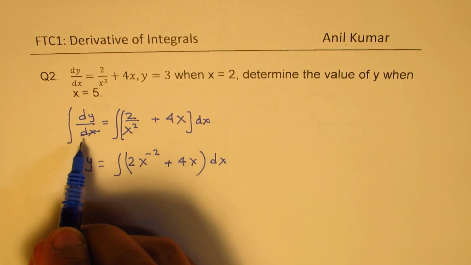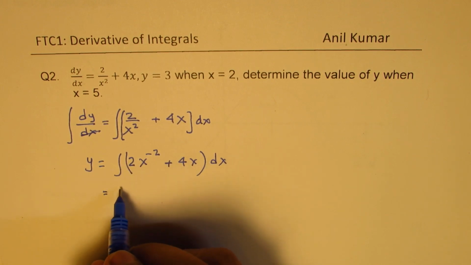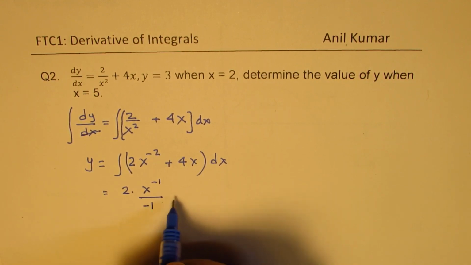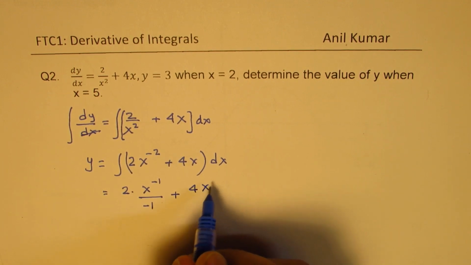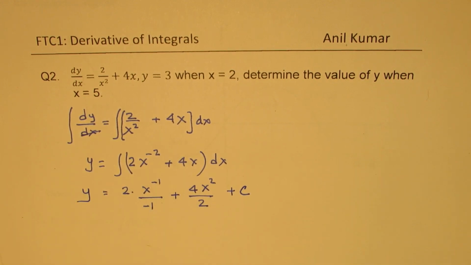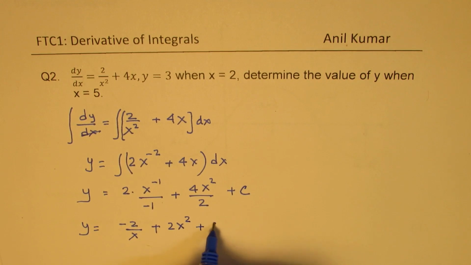What you get here is 2 times x to the power of minus 1 over minus 1 plus 4 x squared over 2, plus c. So y is equal to minus 2 over x plus 2x squared plus c.